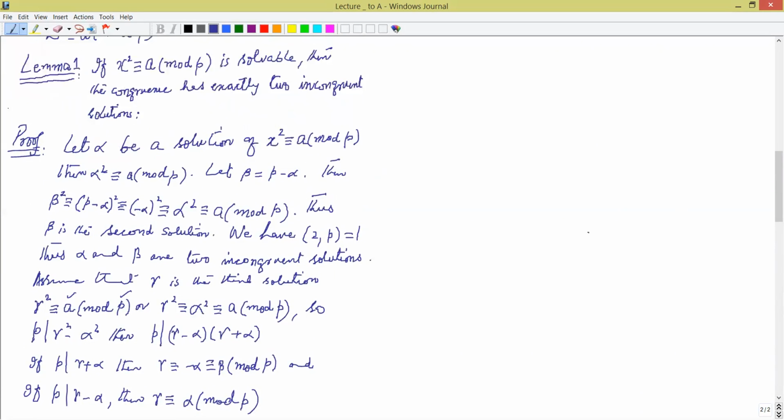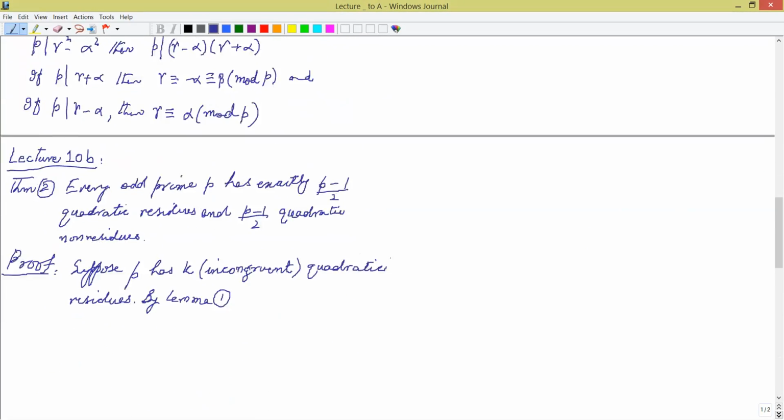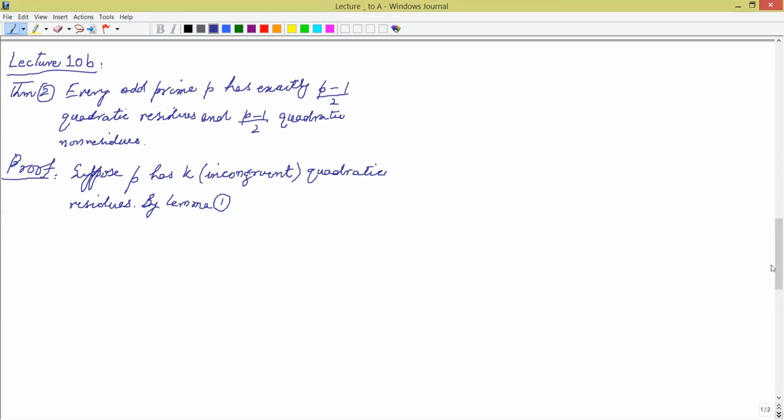If this congruence is solvable, then there are exactly two solutions. So we apply lemma 1 here.